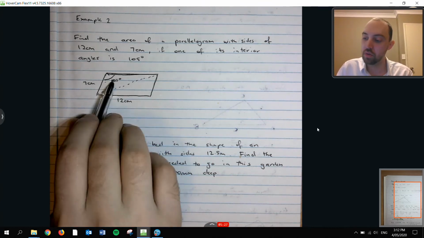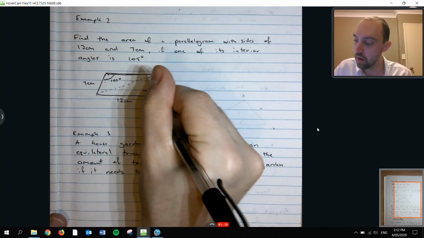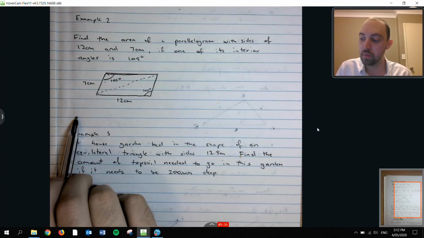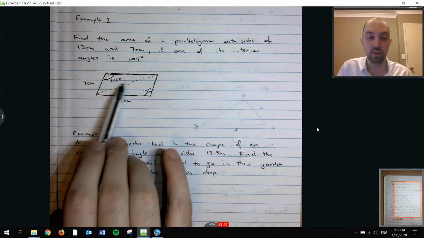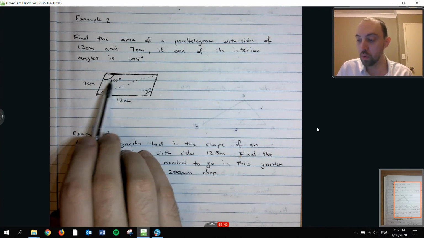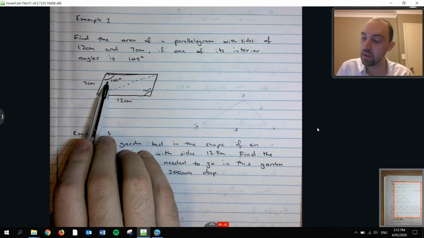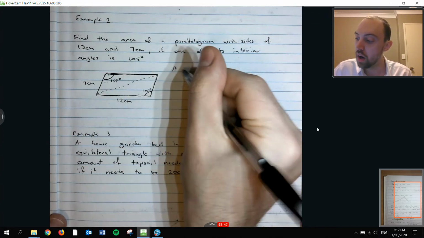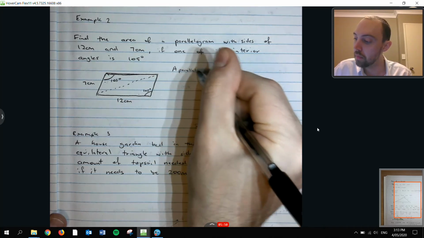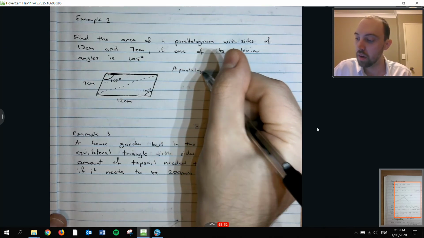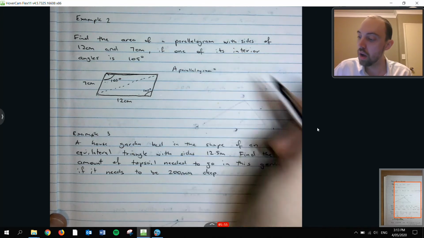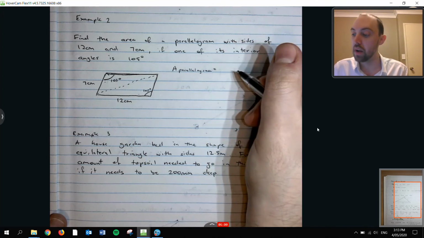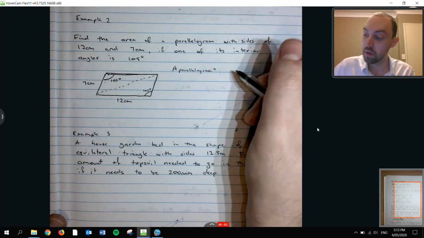Opposite angles in a parallelogram and opposite sides are equal. So we actually have two triangles that are exactly the same with an included angle of 105 degrees. So the area of the parallelogram is going to be two of these triangles. Area of parallelogram is half, but I'm multiplying it by 2, so I don't need to stress too much about that.